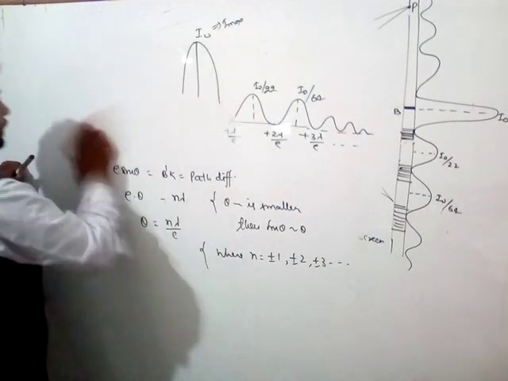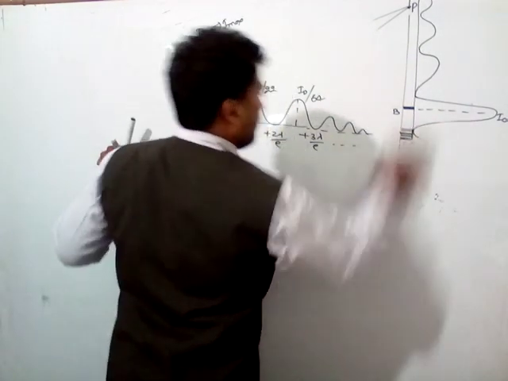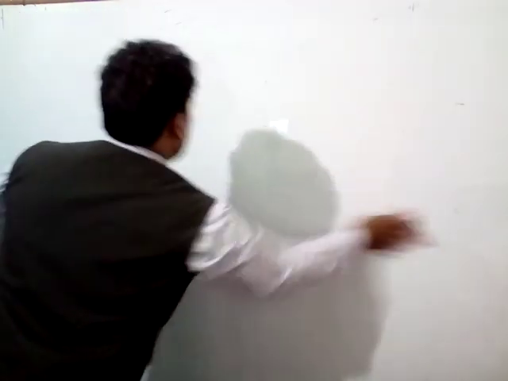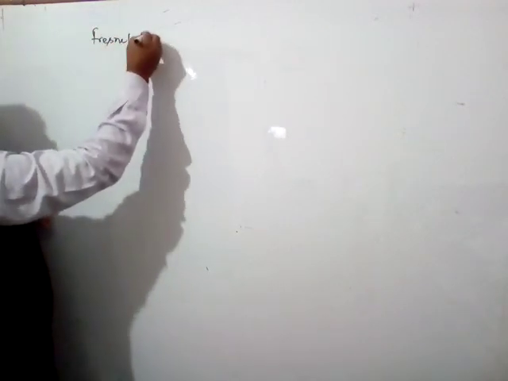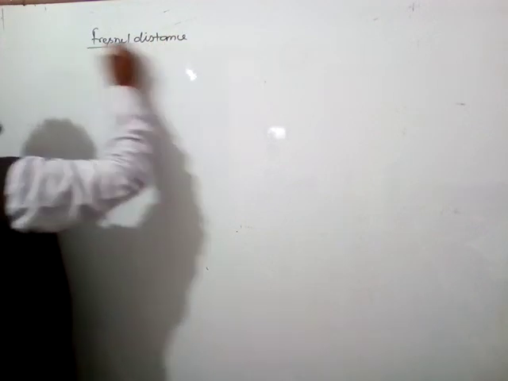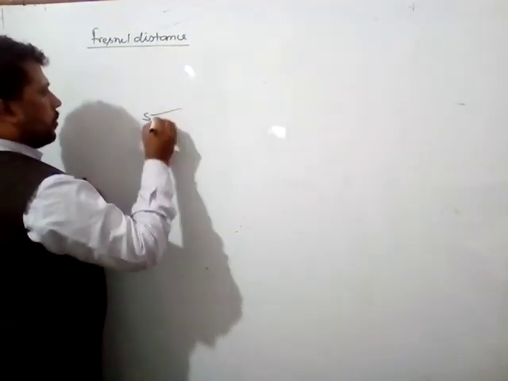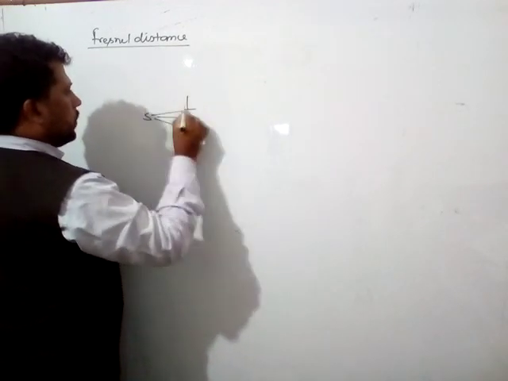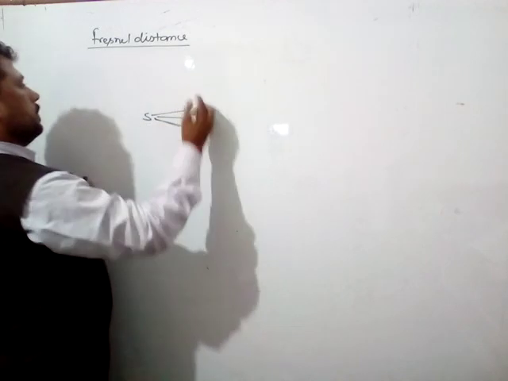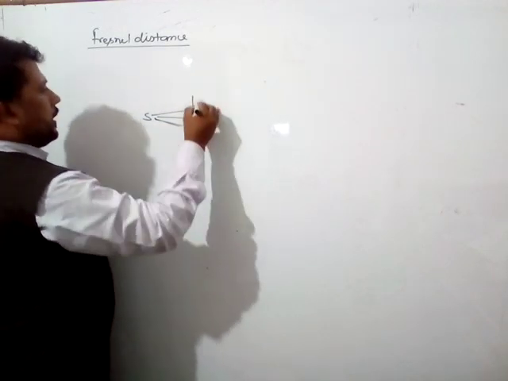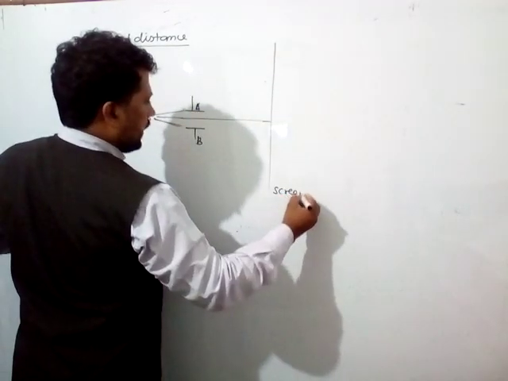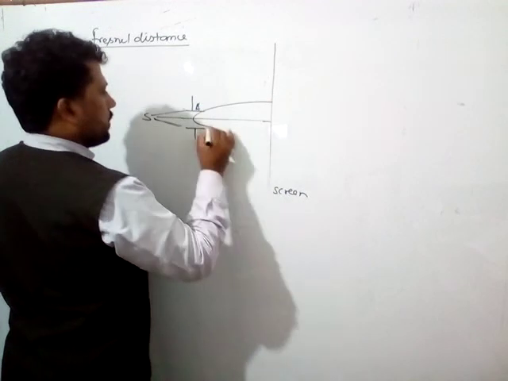Okay, and now let me discuss here the Fresnel distance. So we know that this is the monochromatic source of light, and this is the hole AB, and its diffraction pattern is formed on the screen like this, where this is the maximum intensity.